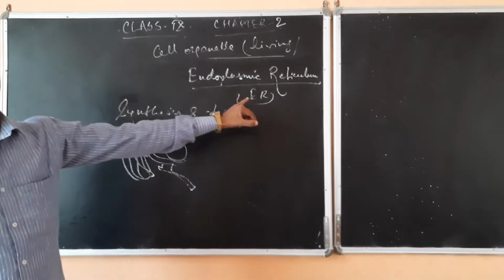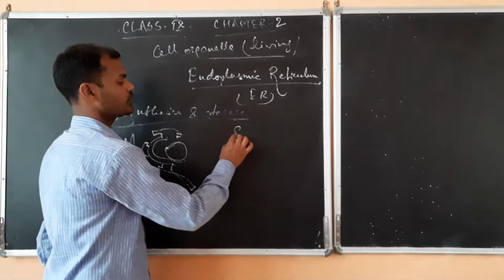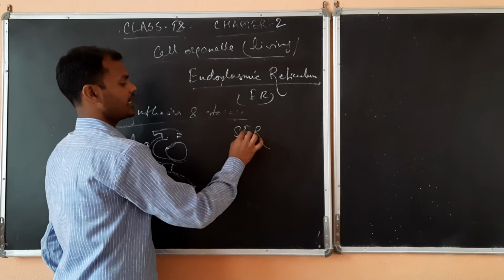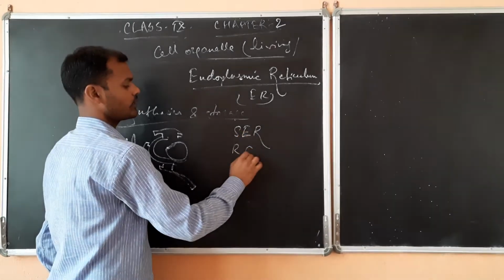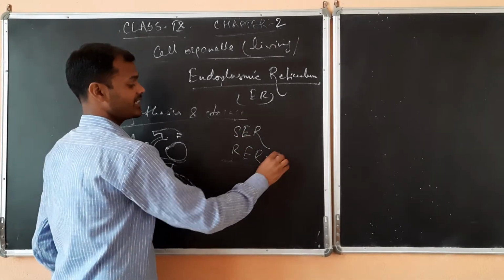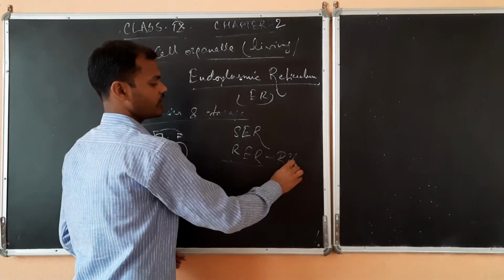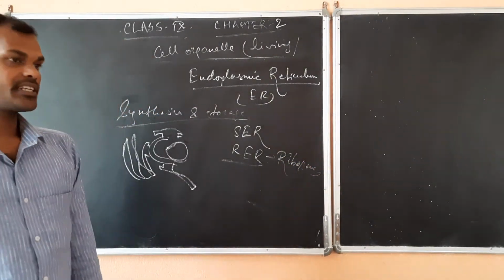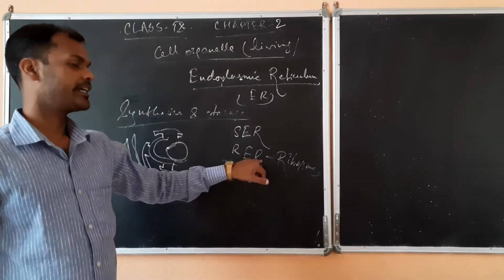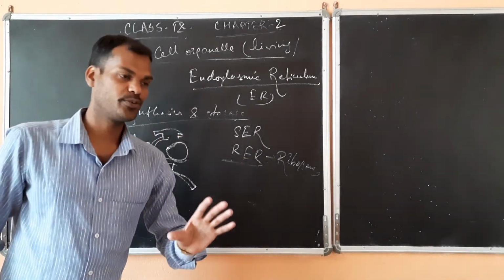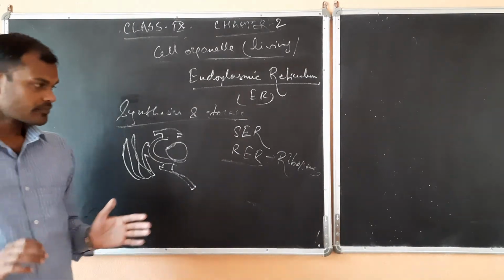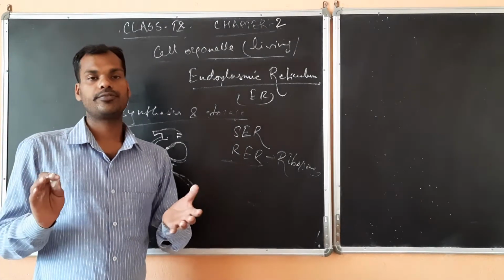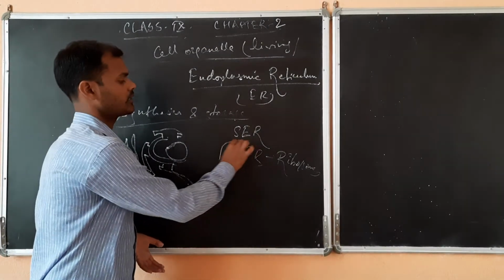The endoplasmic reticulum is of two types: smooth endoplasmic reticulum (SER) and rough endoplasmic reticulum (RER). The RER contains ribosomes. That's why it is called rough. The ribosomes are responsible for protein synthesis. So the endoplasmic reticulum also synthesizes the protein which is the unit of your muscles.